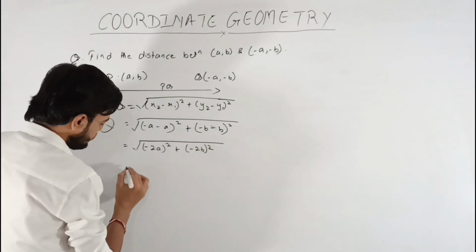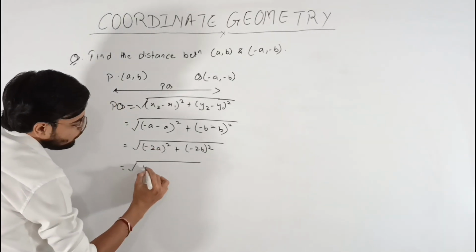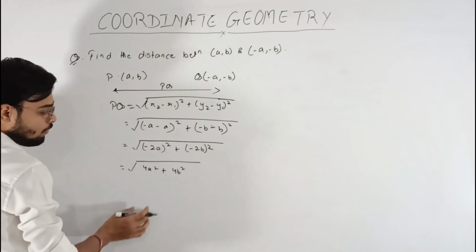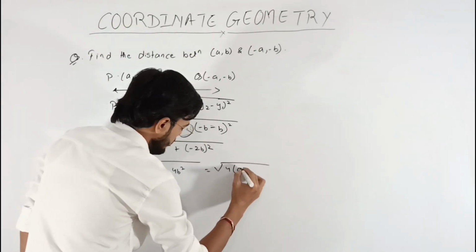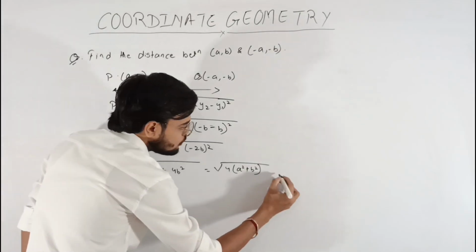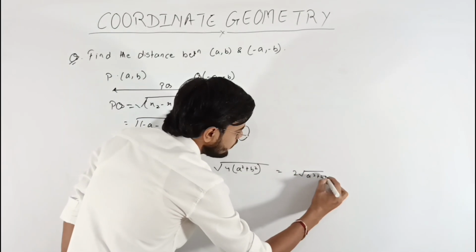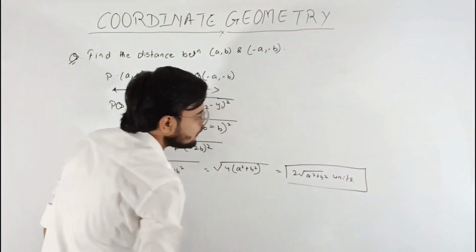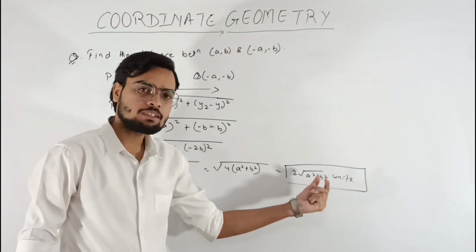Now this is equal to 4a square plus 4b square. Now from these two we take 4 as common, then this will become 4 times (a square plus b square). Now the root of 4 is 2, so this is 2 under root a square plus b square. This is our answer. So the distance between P and Q is 2 under root a square plus b square.